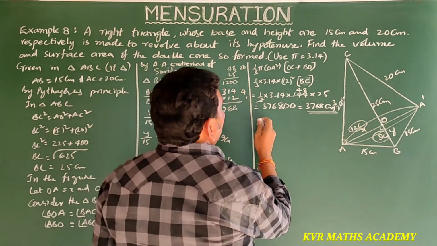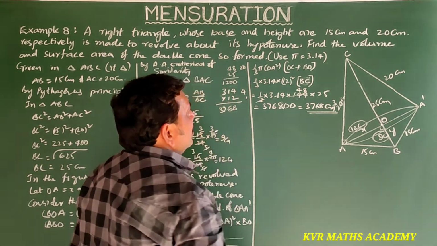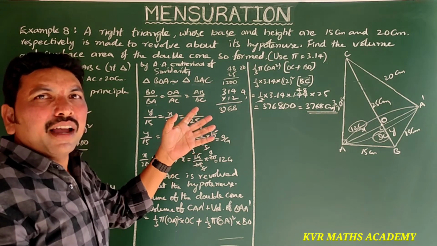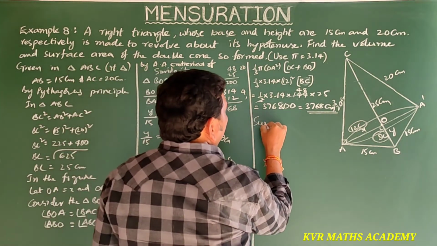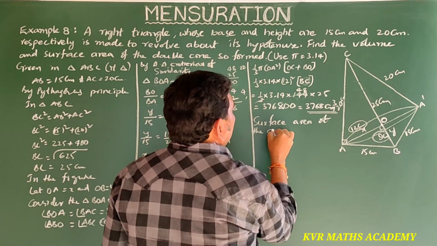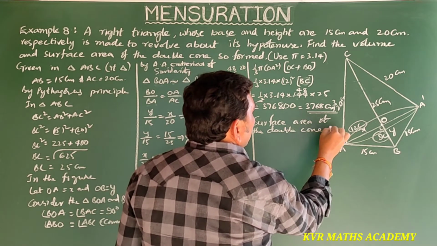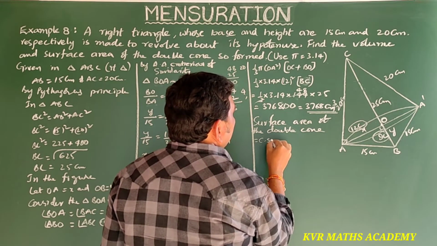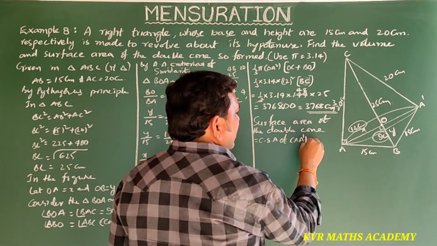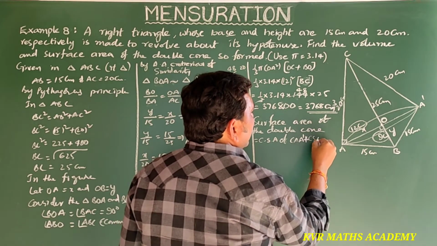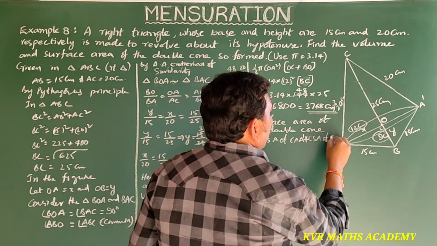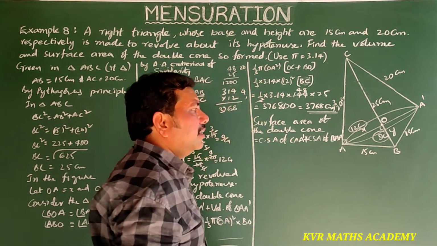Next, what we have to find again? Another one, the surface area of the double cone. Surface area means CSA of the double cone, which is equal to CSA of CAA dash plus CSA of BAA dash, right?